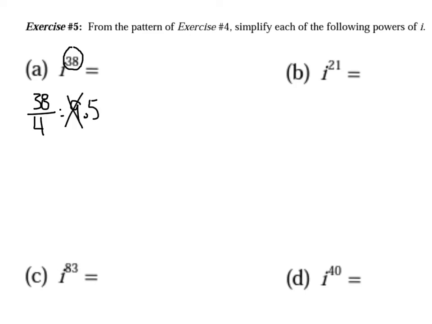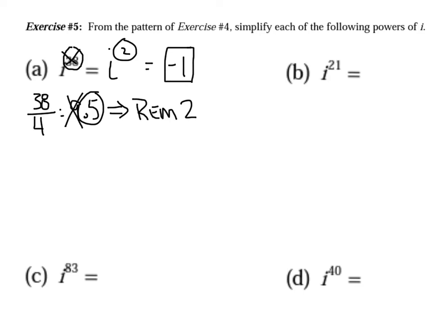I don't care about the 9. Throw the 9 away. All we're focusing on is the 0.5. That implies that there's a remainder of 2. So i to the 38th is really i squared. I'm replacing the old exponent with the remainder. And i squared, as we know, is -1. And ladies and gentlemen, that is your answer.